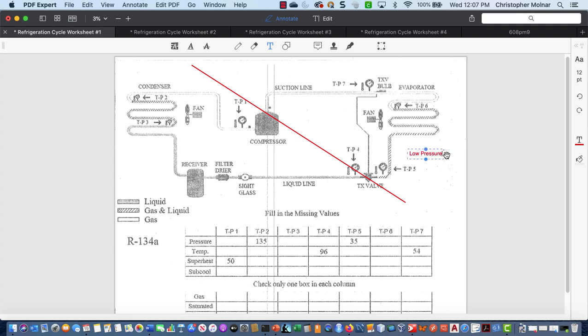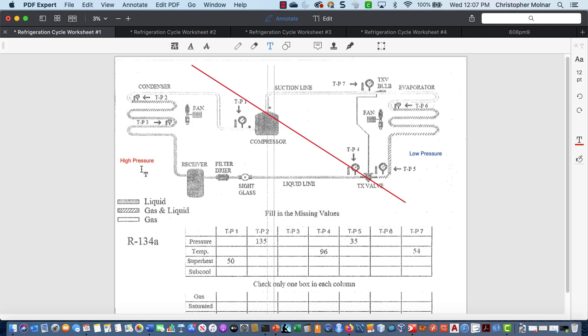Just to make this easier, let me go ahead and change my font color. Everything on the right side of that is low pressure. Everything on the condenser side of this is going to be high pressure. So again, let me make that red so it becomes easy.